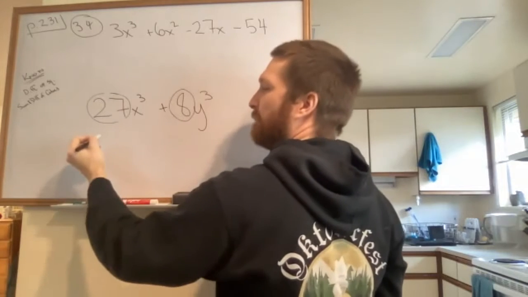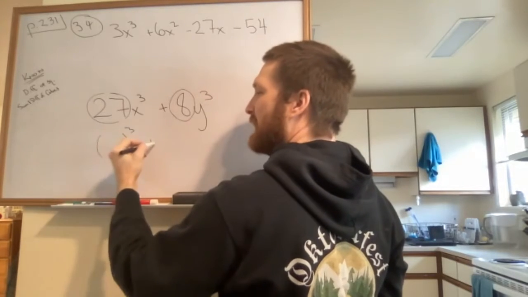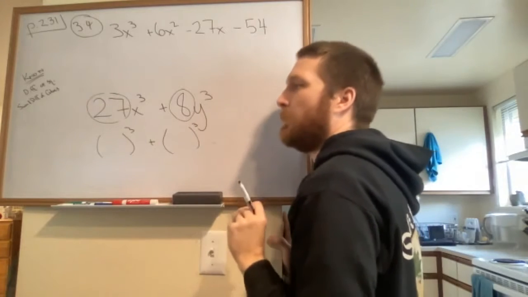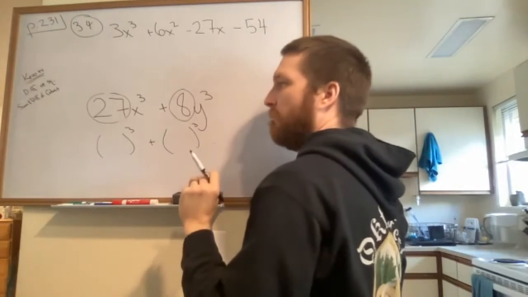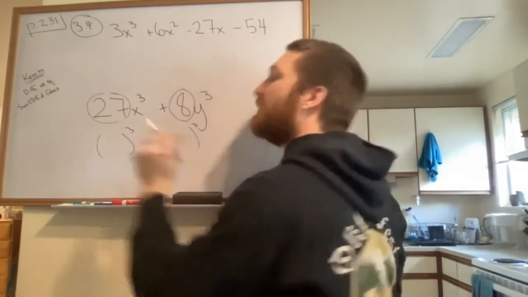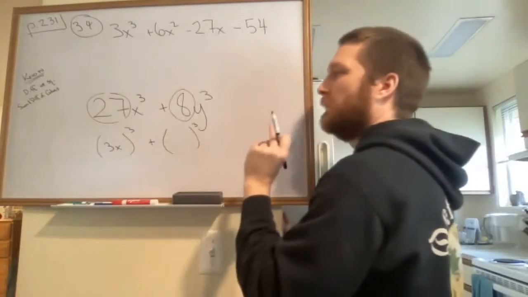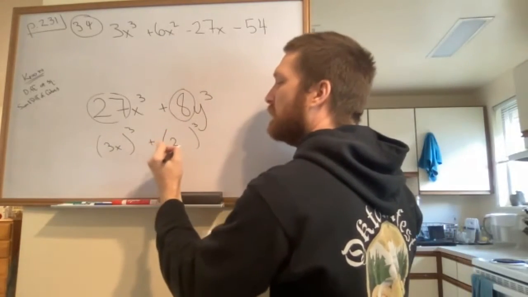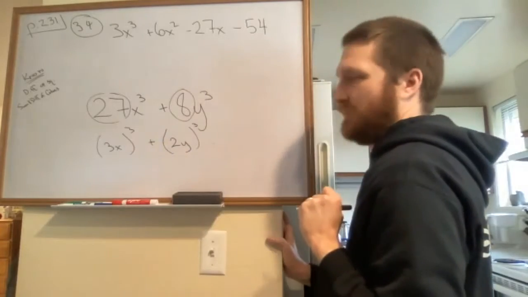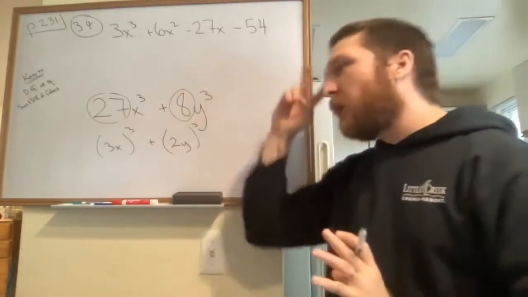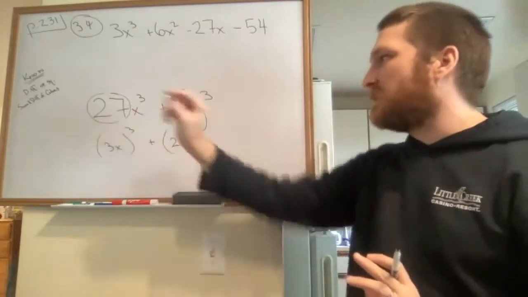And I could rewrite this as what? 9x. No, sorry. 3x quantity cubed. And then 2y cubed. Right. So when I see that, I can immediately go, hold up, that's a cube, that's a cube.